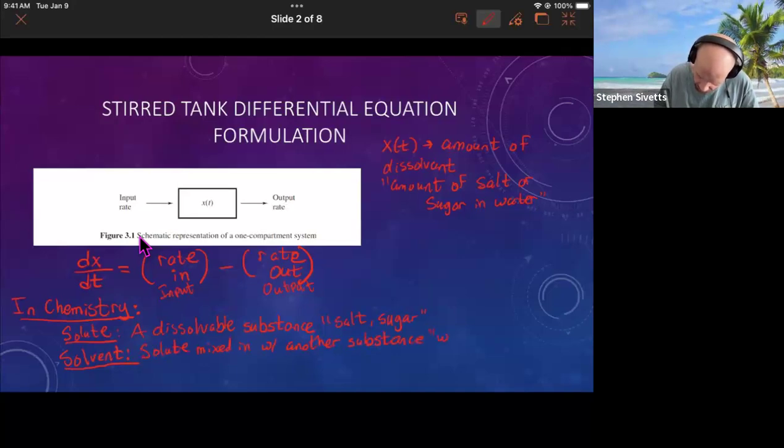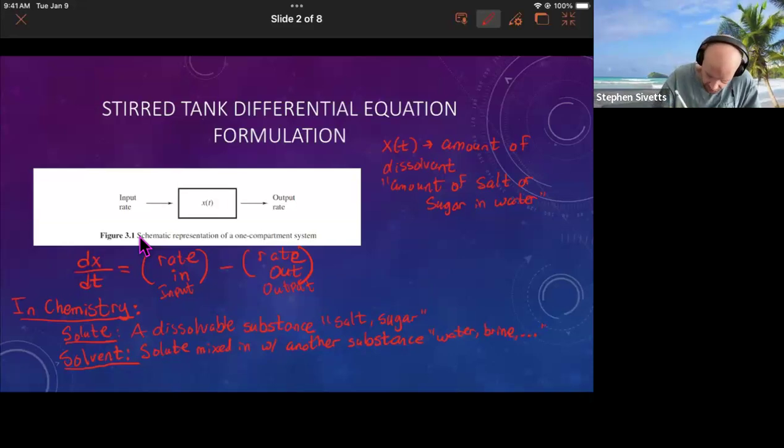So this could be water or brine or some other type of fluid. It typically is a liquid, right?